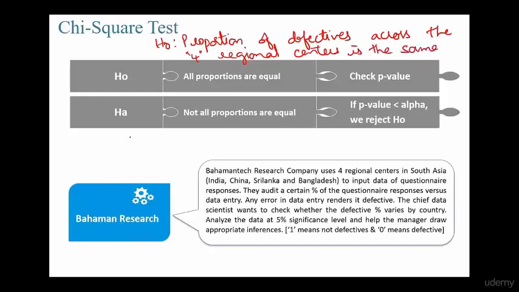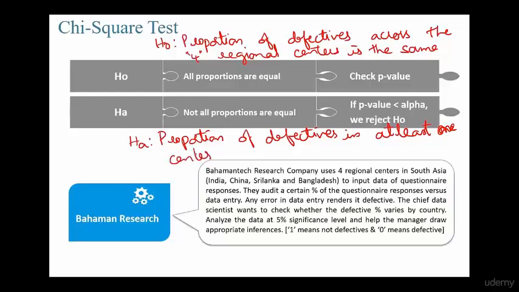And what does your alternate hypothesis say? Proportion of defectives in at least 1 center is different. In at least 1 regional center is different.